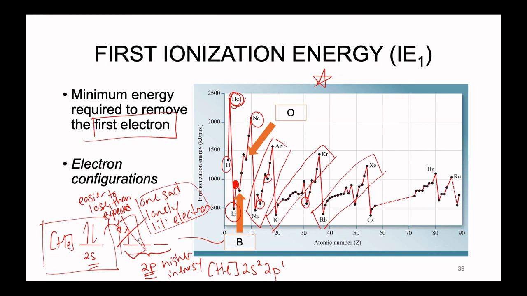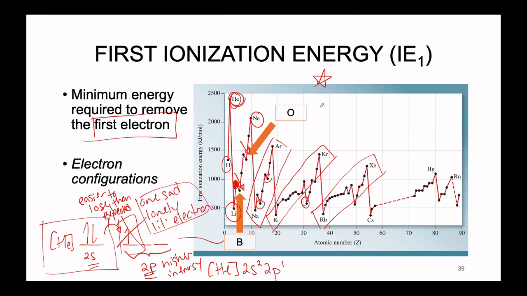It might as well not even be there. So this explains the anomalous drop in the first ionization energy compared to beryllium, because that one sad, lonely little electron, we can just get rid of it, and it's not going to take as much energy as we would expect.